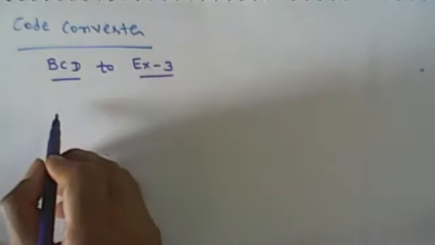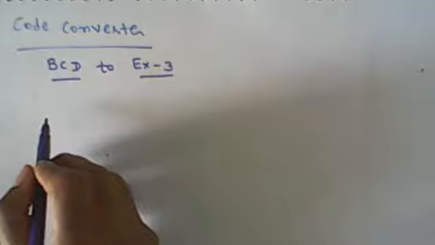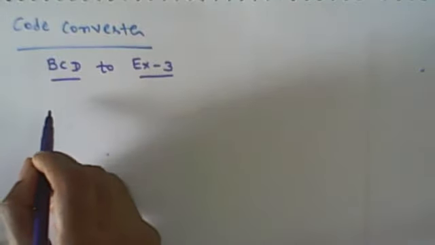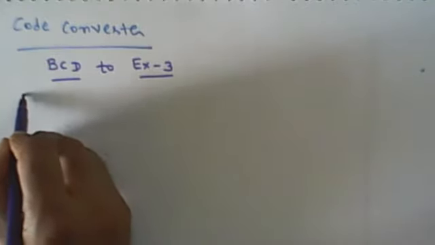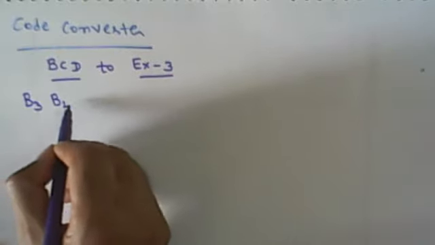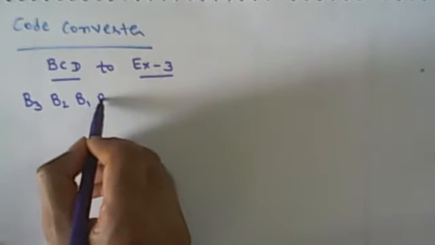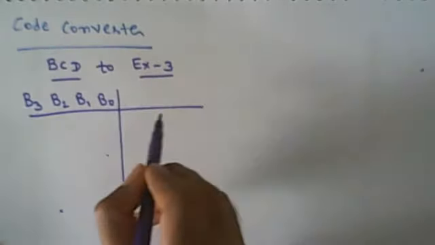We know that in BCD the number of input variables is 4, binary coded decimal. To code the binary coded decimal 0 to 9 we require at least 4 variables, and let me name the variables D3, D2, D1 and D0, and we want to convert into Excess-3.